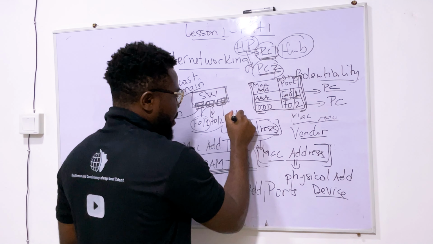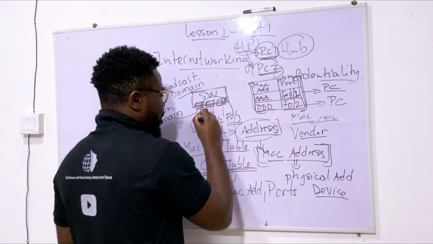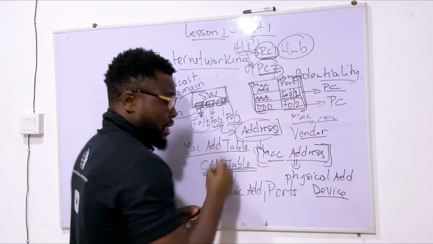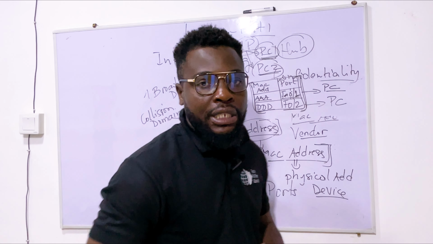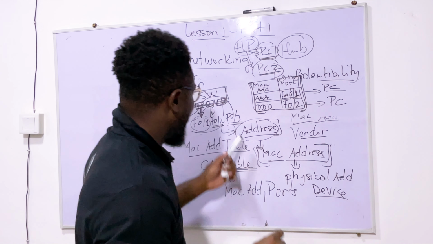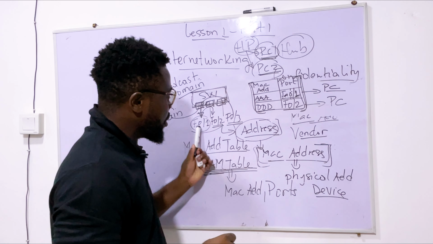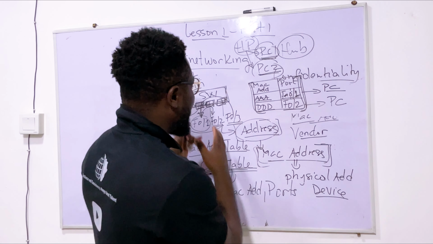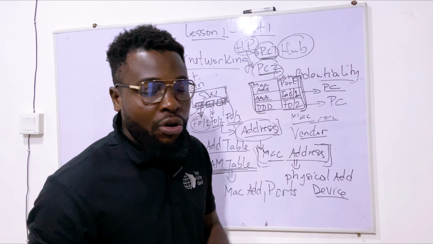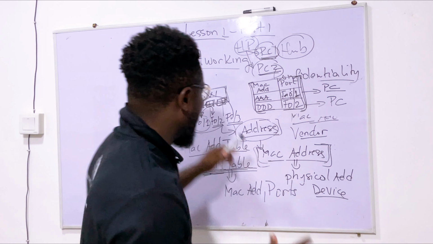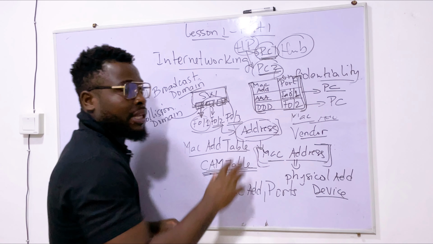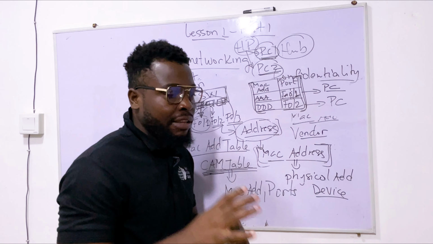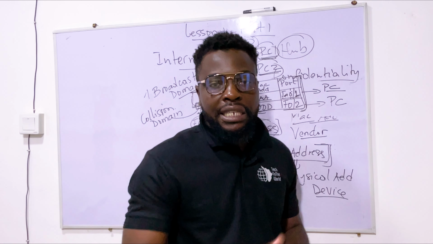If F03 decides to send a message to F01, F02 is not going to be aware of what is happening because the communication is between two users. This is what makes the switch special compared to the hub, because with the hub, the message will just be flooded across all the interfaces. But with the switch, the message is delivered to the specific destination.